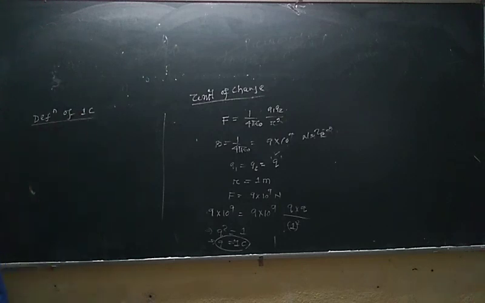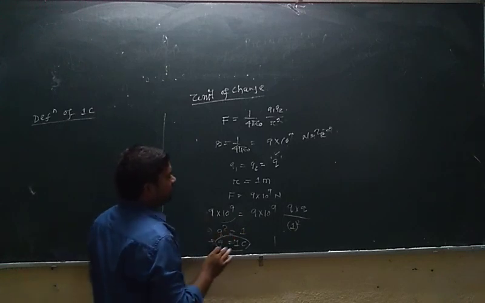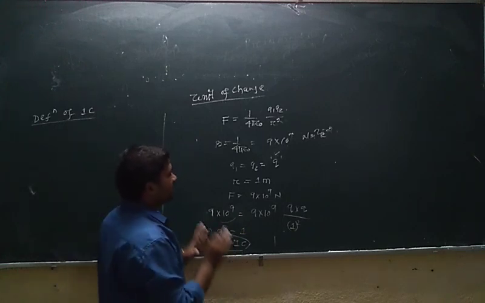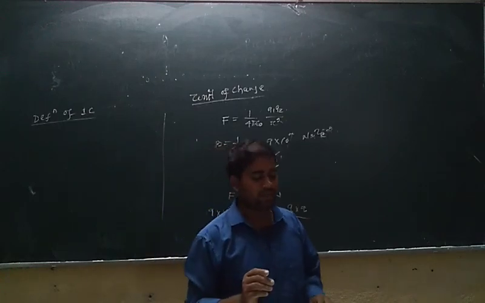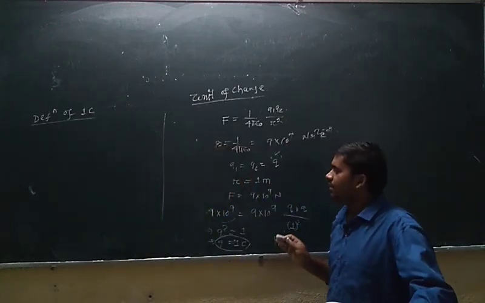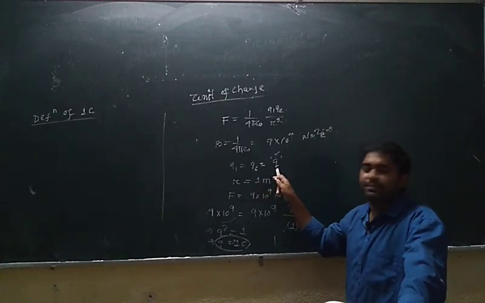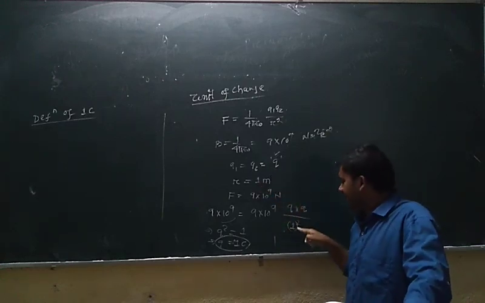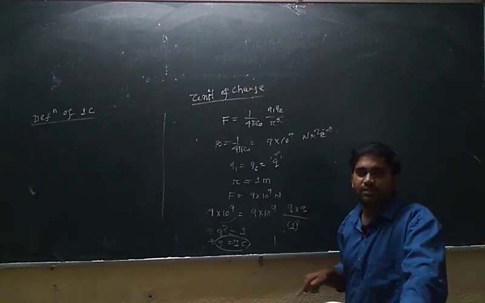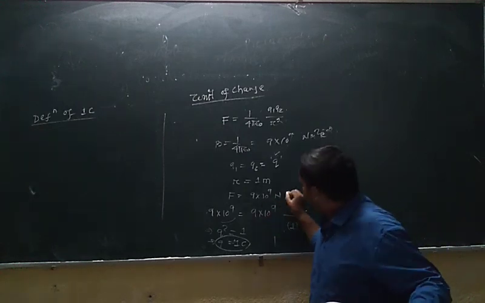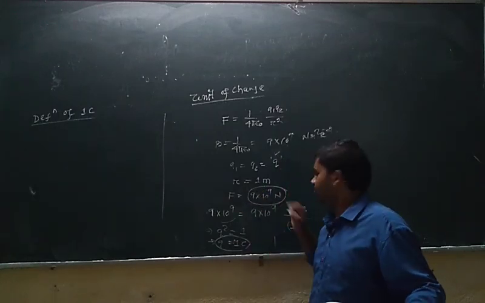The definition of 1 coulomb says, if charges of the same type, because q1 and q2 are of similar nature, are placed in air at a unit distance, they experience a repulsive force of magnitude 9 into 10 to the power 9 Newton.